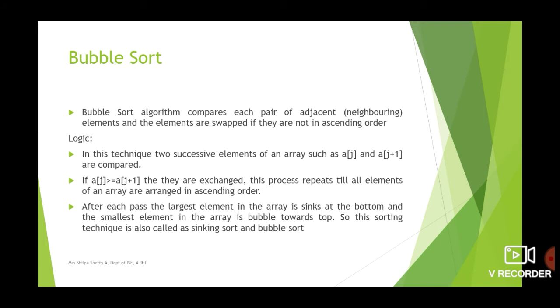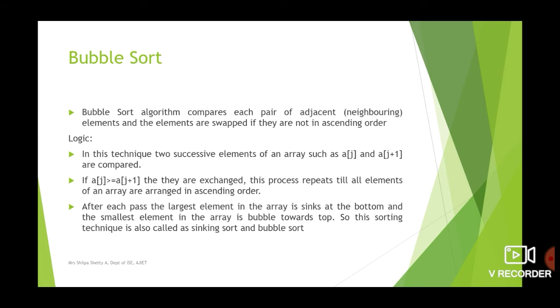So the first element is at the top and the last element of the array is at the bottom. Then once you finish one pass, the largest element will be at the bottom, whereas the smallest element will just move upwards to some position.